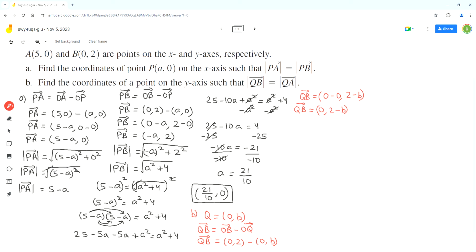Now we can find its magnitude. So we'll square the components, add them, and put the sum under the square root.